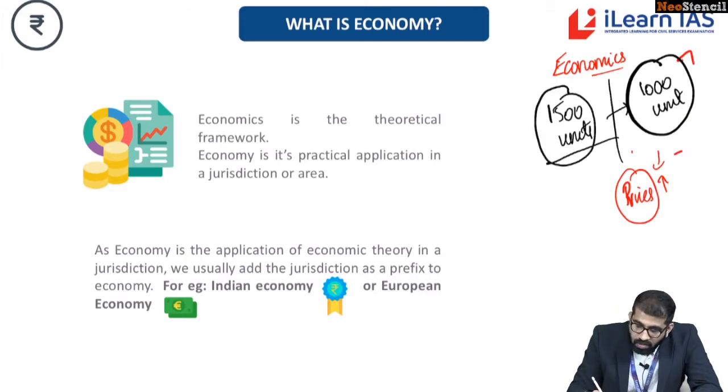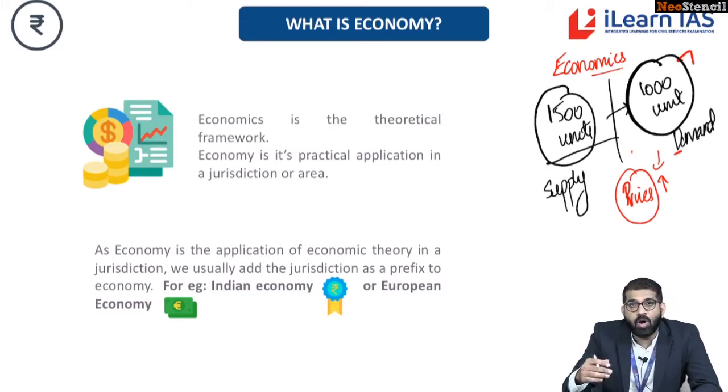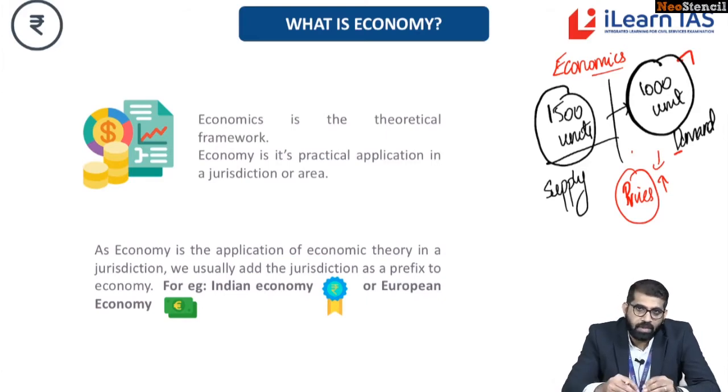Because in order to sell these units, so here it is supply and here it is demand. Okay, so in order to sell these products, the company will start reducing the prices so that people will be motivated to buy them. You know that whenever the price of a product becomes cheaper, people tend to purchase more, right?